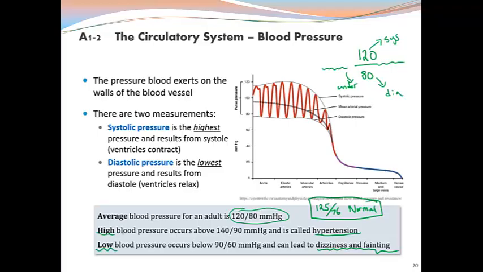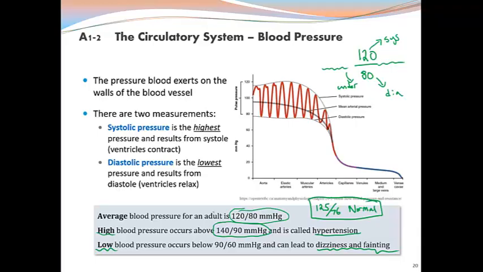It's tough to just pinpoint exactly. Each patient is unique, but in terms of a diploma question, they will make those numbers quite obvious. The spread will be quite large. So you'll see something like if they're talking about a patient 140/90, that's significantly higher than 120/80. So we can say high blood pressure.